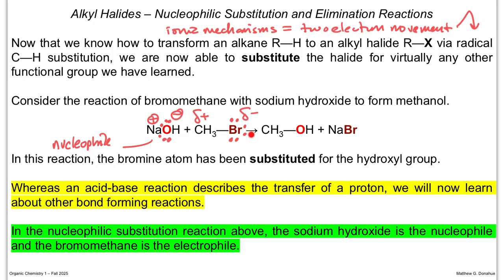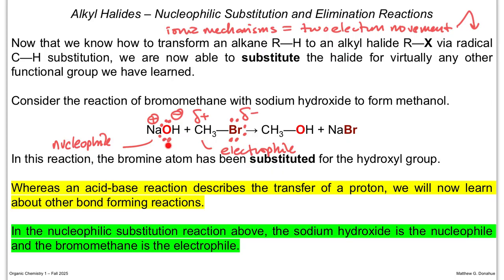The partner over here that has this delta plus carbon, that's called an electrophile. If we broaden that to the general acid-base definition, a nucleophile is a Lewis base, an electrophile is a Lewis acid.